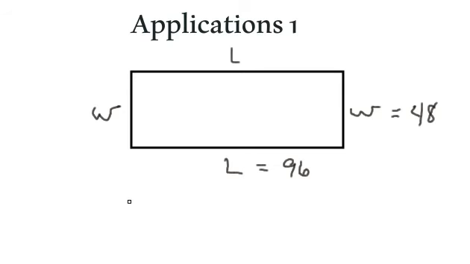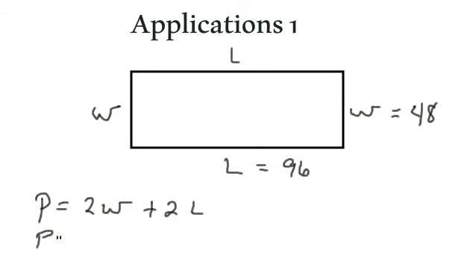And we're asked to find the perimeter. So remember, the perimeter was equal to 2W plus 2L, right? L plus W plus L plus W. This is considered to be the perimeter here. So all we do is plug our numbers directly in.